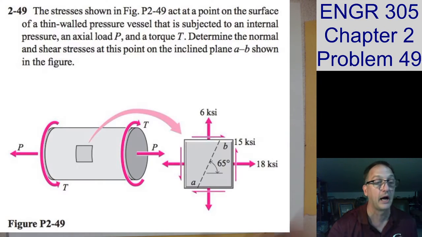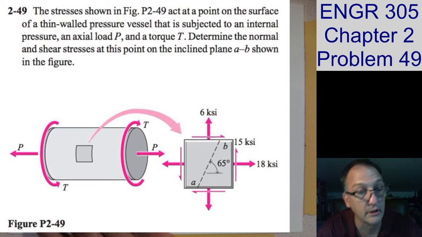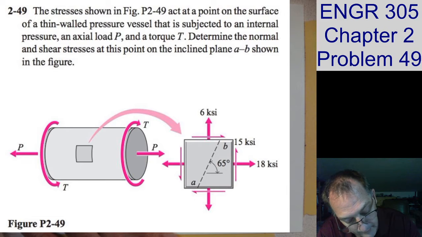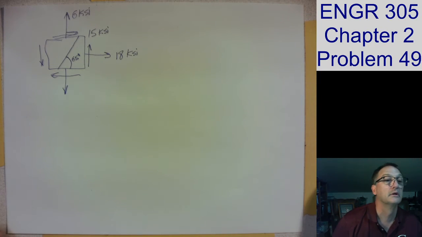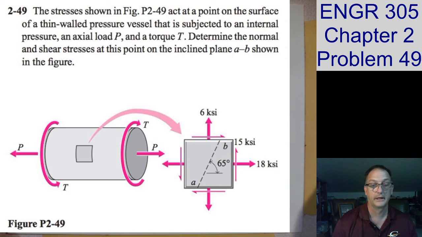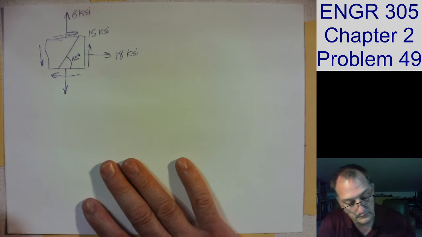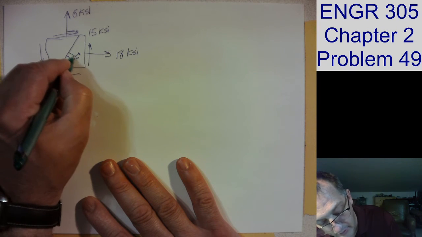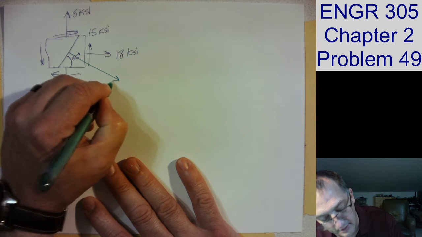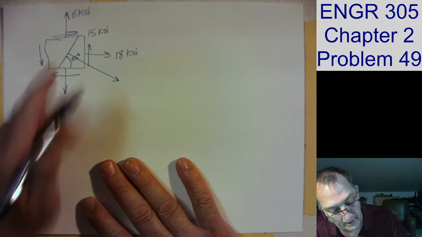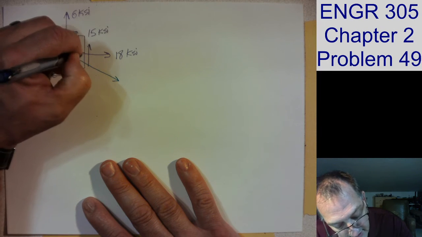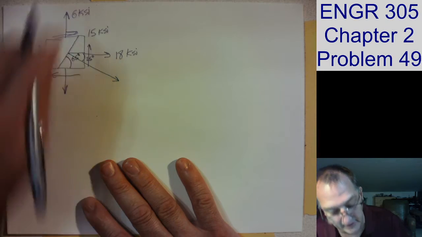But then I got to put on this line where that angle is 65 degrees. Looks like that. What direction is my normal? My normal is this direction. And while this angle is up 65 degrees, that means that this is going to be down 25 degrees.